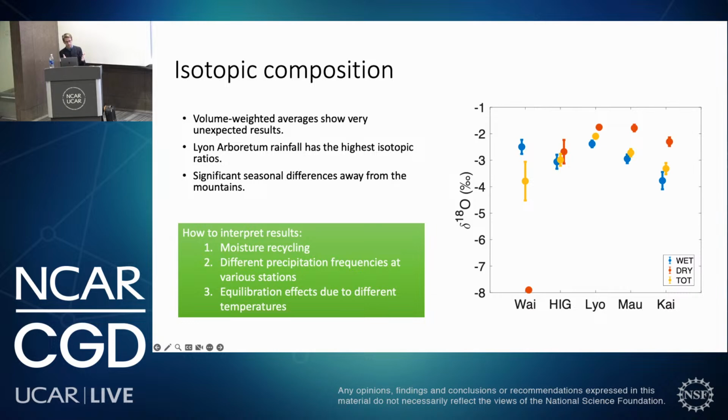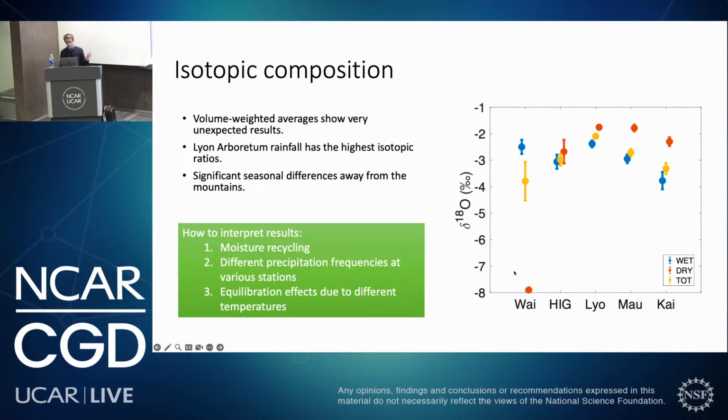As you go towards the mountains where it's a lot greener, sensible heat fluxes next to the mountains tend to be much, much smaller than latent heat fluxes, and so temperatures tend to be colder. And so equilibration might actually push the vapor and the rain to be slightly more enriched.